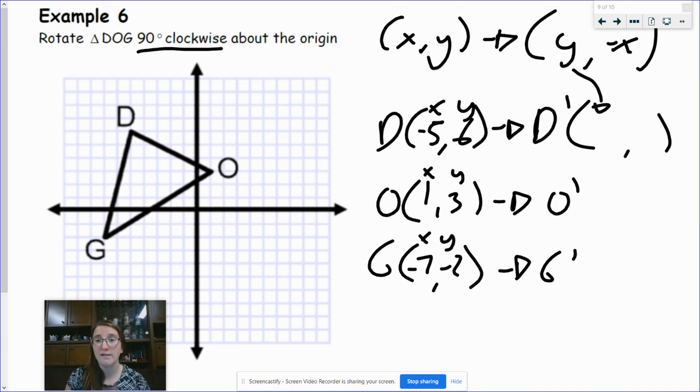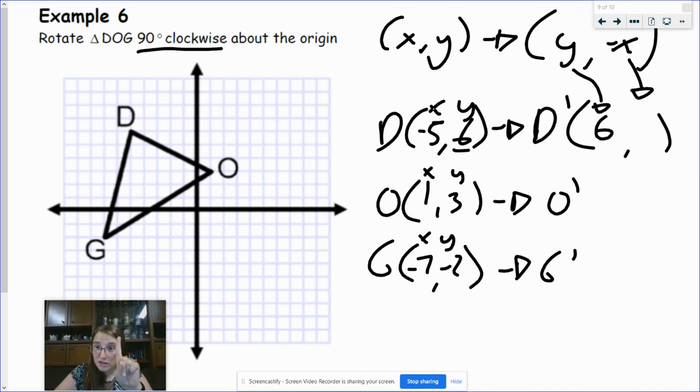What was the Y from the original point? 6. My original Y was 6. That now is going to go there. After I do this rotation, this is where it's going to end up. Now my next number needs to be a negative of my original X. What was the original X in this point?